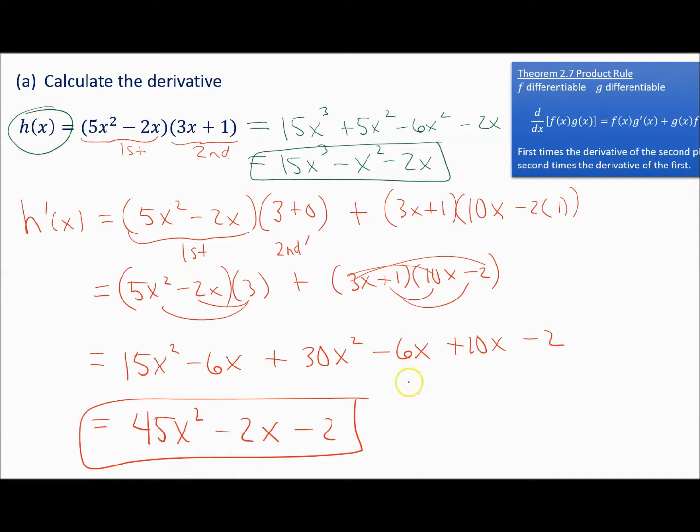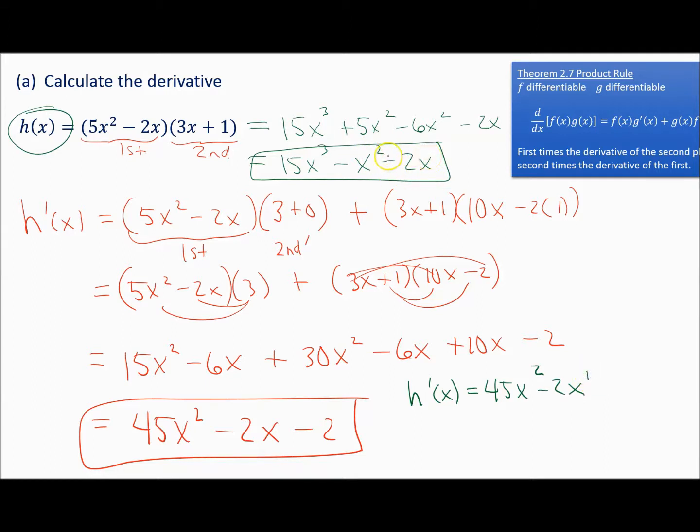Now let's just use what we learned in the last section about the constant multiple rule, the power rule, or taking derivatives of polynomials. So when I take the derivative of 15x to the third, remember I multiply the 3 in front. It gives me 45x. I reduce that exponent by 1, so squared. Second term, negative x squared, I multiply the 2 in front, so that would be minus 2x. I reduce that power by 1, so that's to the first.